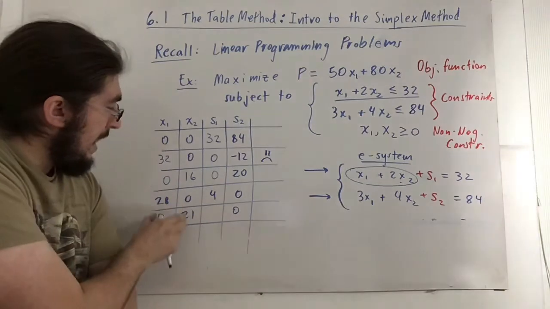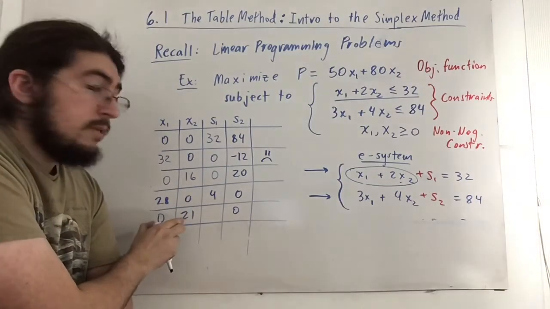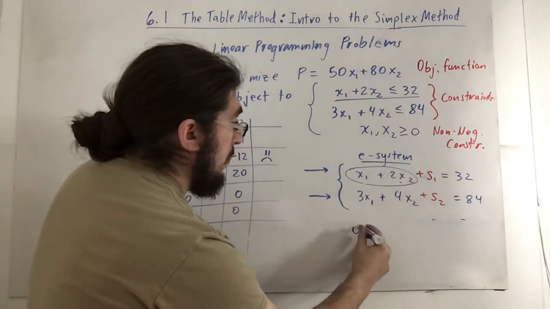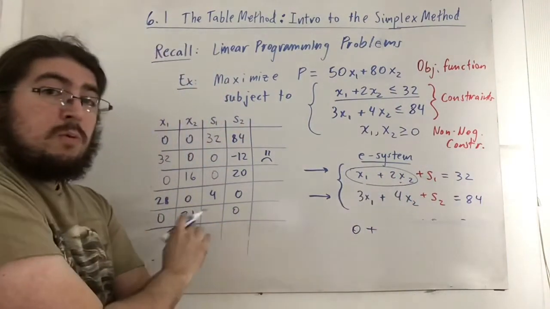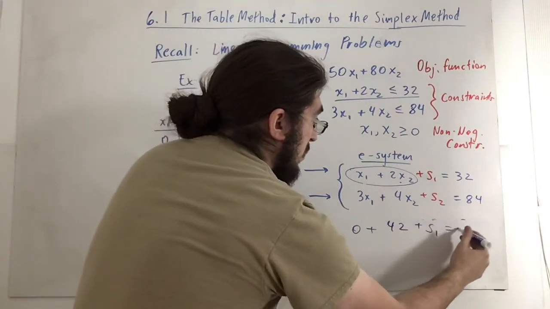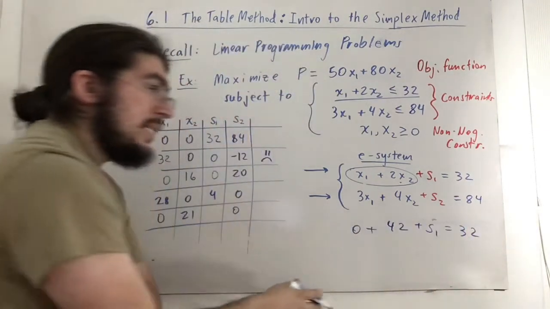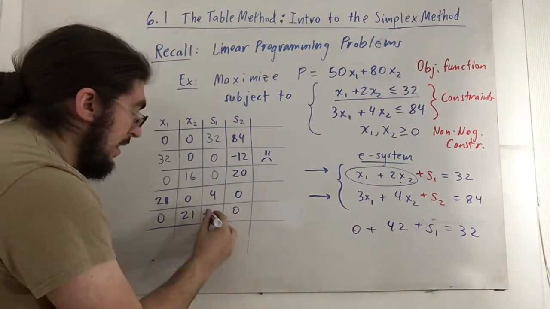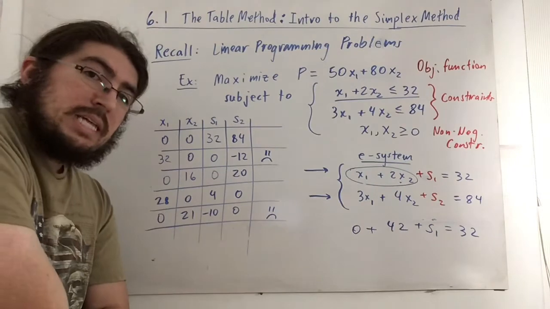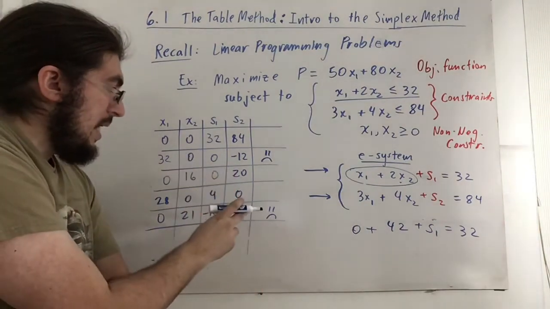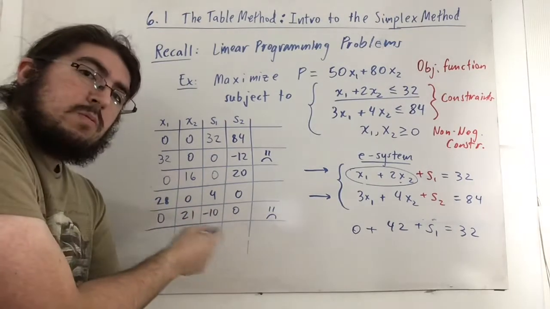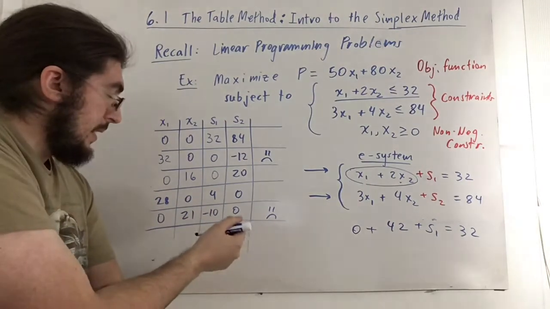If x1 and x2 are 0 and 21 respectively, then in the first equation we get 0 plus 2 times 21, which is 42, plus s1 is equal to 32. Subtracting, we get s1 is equal to negative 10, which is also no good. Basically, this tells us we would not be in the feasible region.